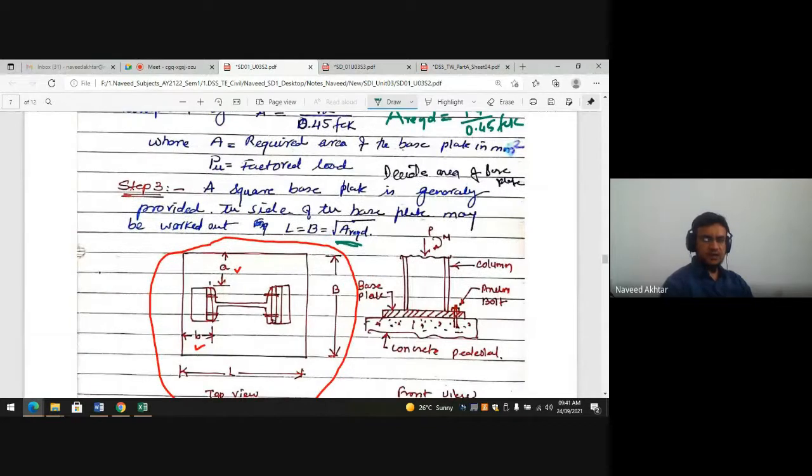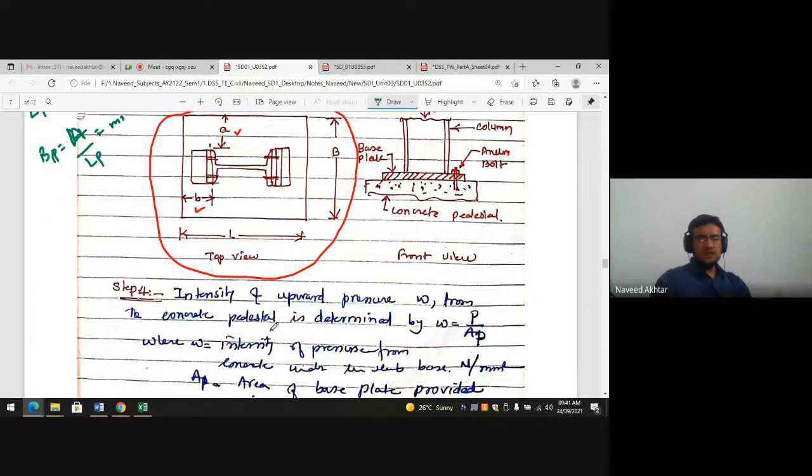The length of plate you can find out from that empirical equation, and breadth of plate you can find out as area upon LP. Then you go into meter or in mm.